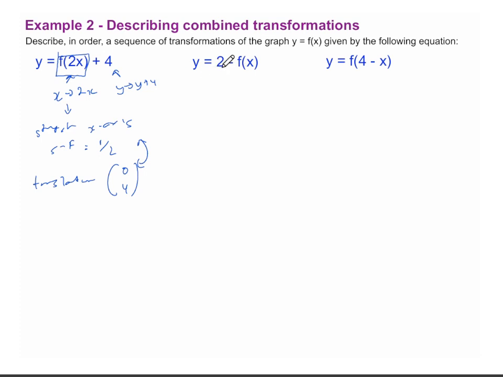Next, firstly, the f of x has now become negative f of x, which means the y has become negative y. And then after that, you now have negative f of x, and we are adding 2 to it. So our y is becoming y plus 2. And here it's very important to remember, as we said, start off as BODMAS goes. So we want to multiply first.